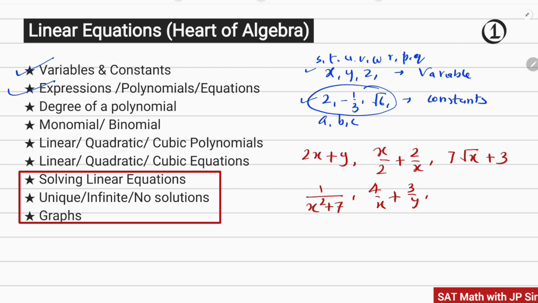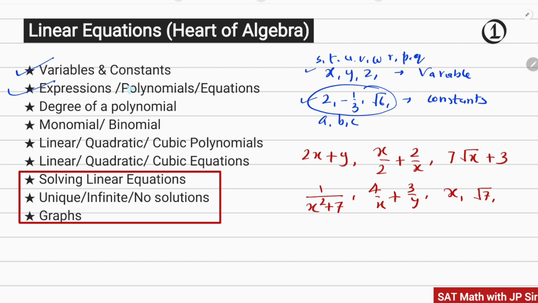All these are expressions. Got it? Even if I just write x, it's an expression. If I just write root 7, it's also an expression. So when we combine variables and constants, they are called expressions.